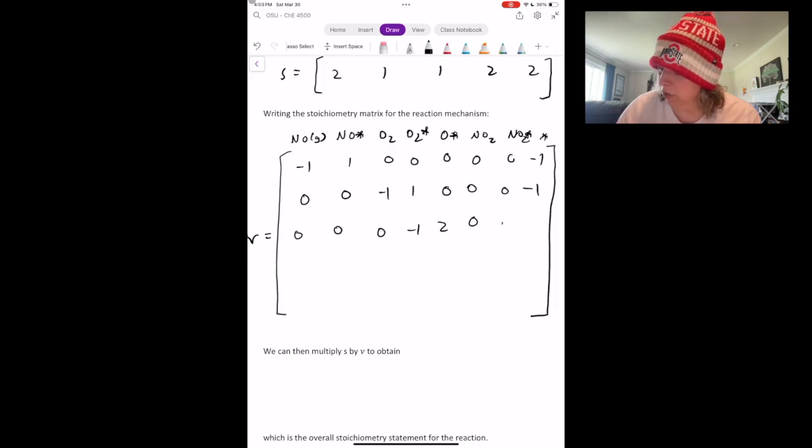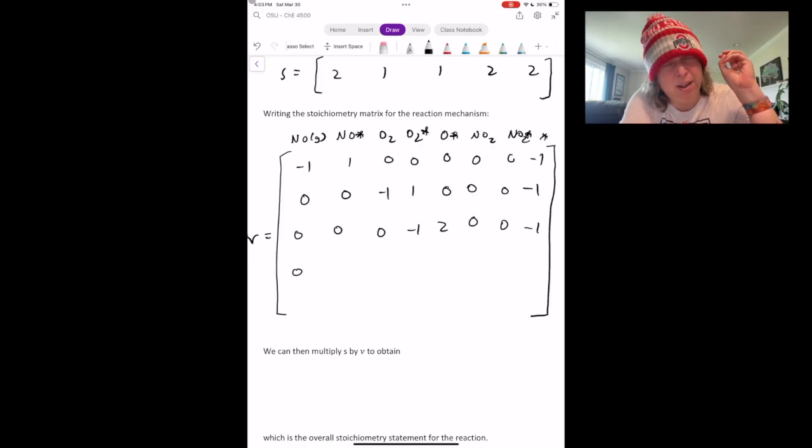Note that as I write the stoichiometry matrix, I do not have to scale the stoichiometry of any of those steps. This is because those are all elementary reactions. So the rate of each one of those reactions, I can determine that based on the rate of generation or consumption of the different species.